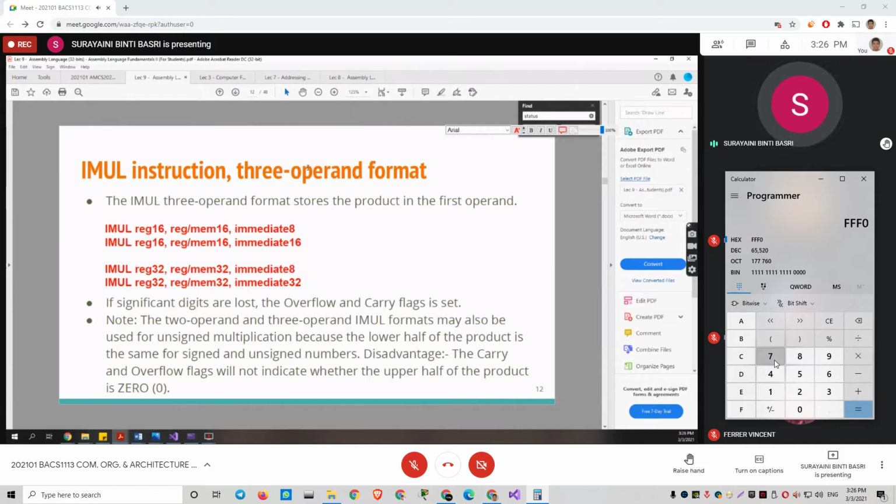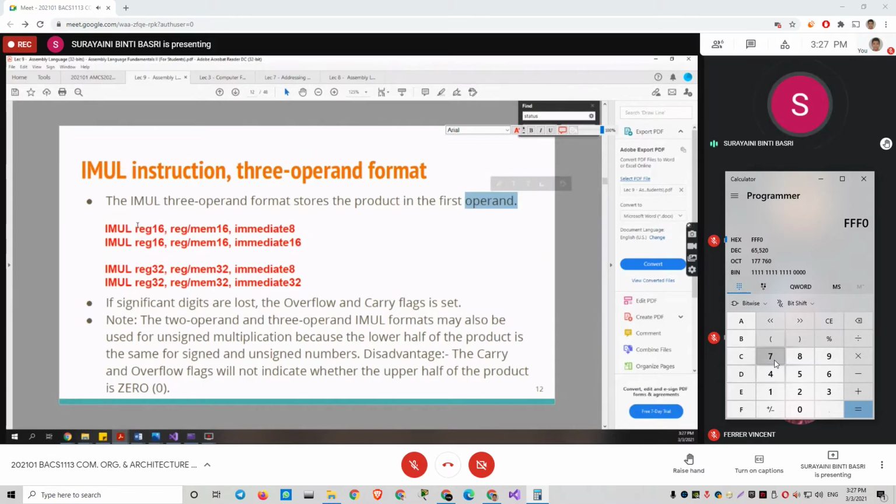Okay, so in the three operand format, you can see here your first operand must be a register. Your second operand must be either a register or any number, and then your third operand can be any number, an immediate, meaning any number in 8-bit size. The IMUL three operand format stores the product in the first operand.